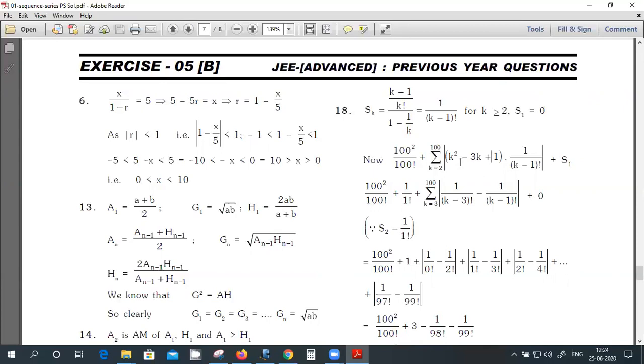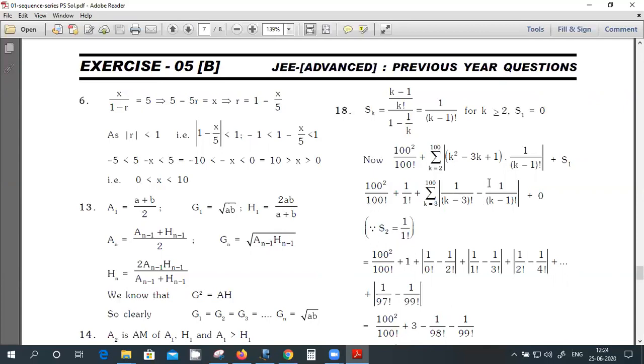Okay, yes, he has put 2 also because he is starting with 3. Okay, and he has used S2 as something. So when k equal to 3, this thing has got k minus 3.